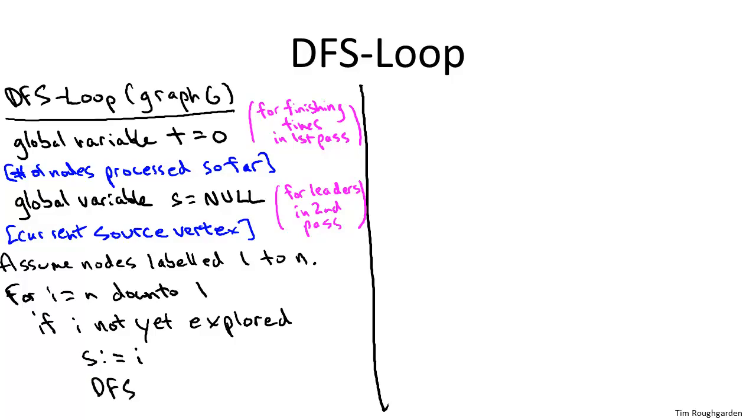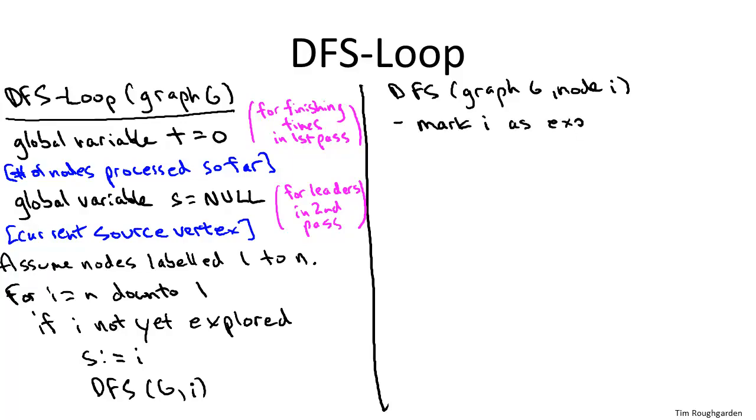So for completeness, let me just remind you what the depth first search subroutine looks like. So now we're given a graph and a starting node. The first time we see a node, we mark it as explored. And just a side note that once a node is marked explored, it's explored for this entire invocation of DFS loop. Okay, so even if this DFS from a given node i finishes and then the outer for loop marches on and encounters i again, it's still going to be marked as explored.